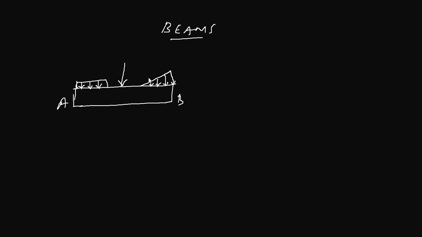So these are the cases: F1, F2 newton per meter, or a maximum force in this case. So these are the three cases. Normally these are the three cases that we study in beam bending.